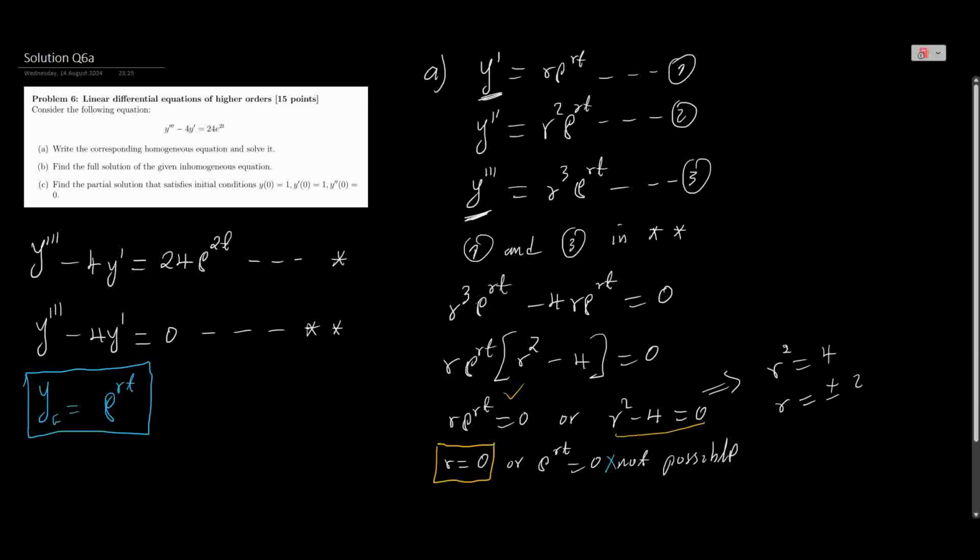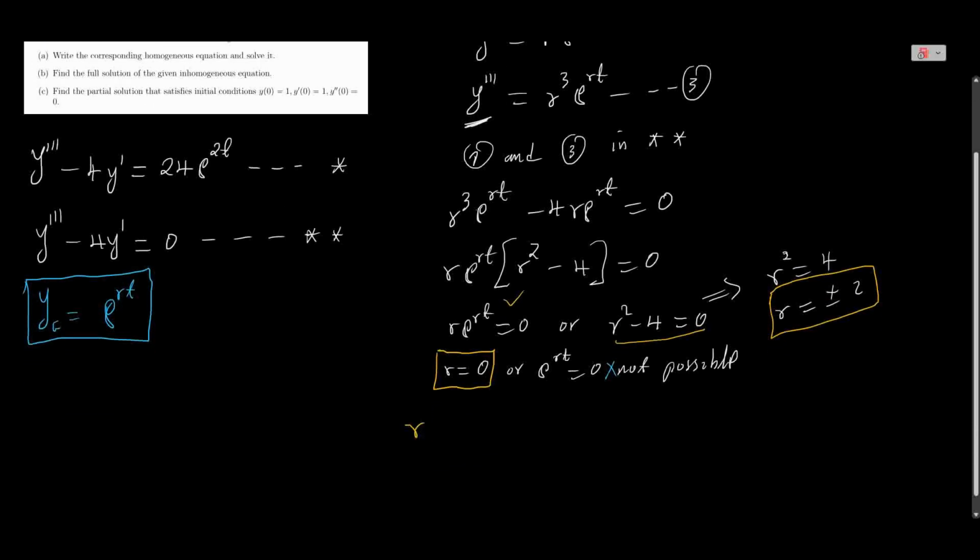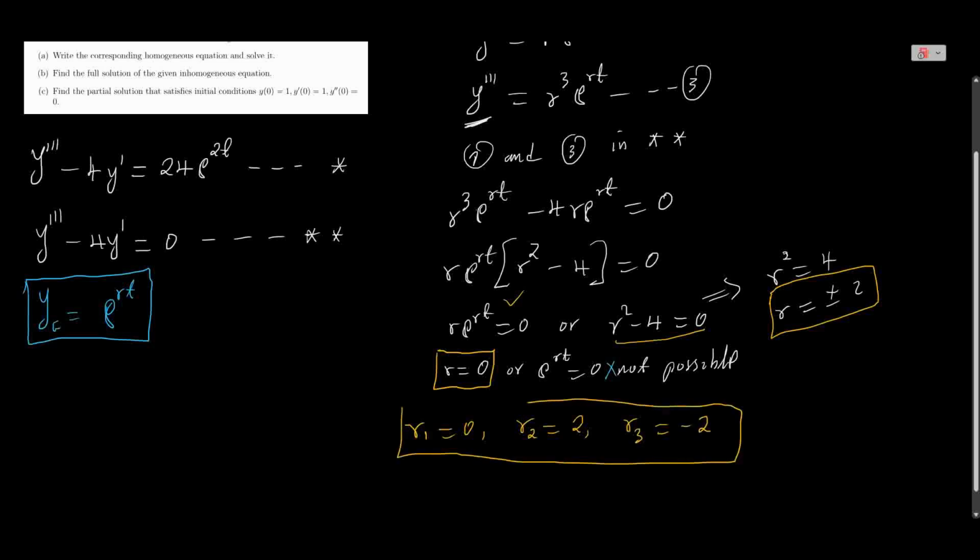So meaning that our first solution r1 is 0, our second solution r2 is 2, and our third solution r3 is minus 2. So these are the different roots of our homogeneous equation.